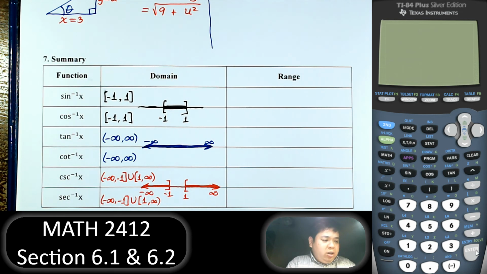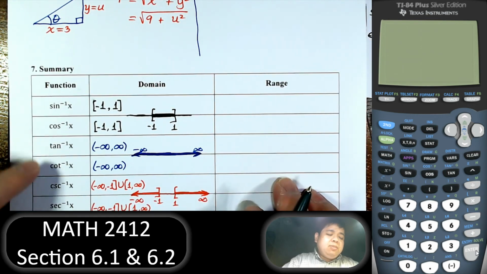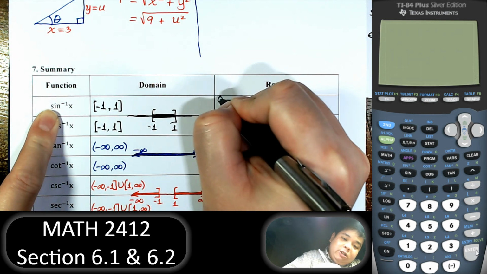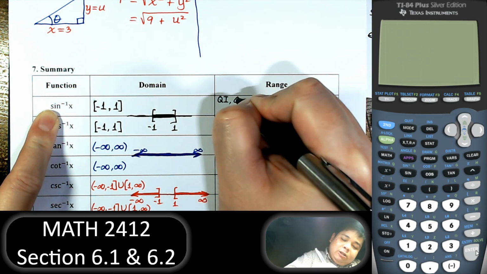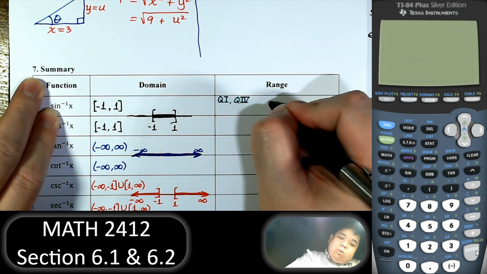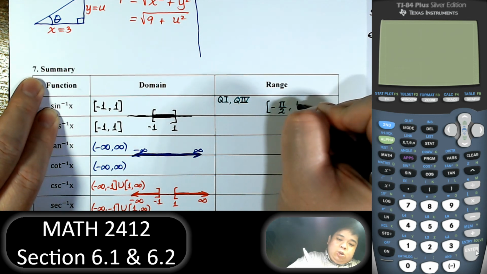Now, how about the range? Now, even less than that, in the range, there's only two possibilities. Sine inverse, we did say that it is in quadrant 1 and quadrant 4, which means negative pi over 2 to pi over 2.